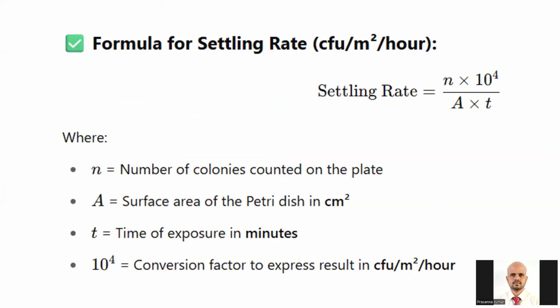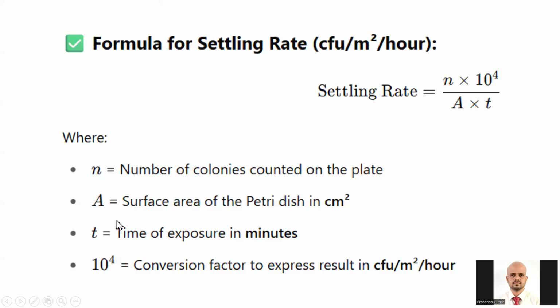We tried to do a settling rate assessment. This is the formula for settling rate, where the number of colonies is divided by the surface area of the settle plate. We used a 9 centimeter diameter Petri plate; the top cap is 10 centimeter diameter and the bottom one is 9 centimeter diameter.